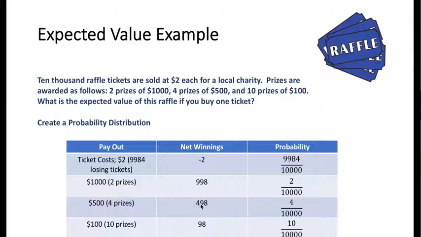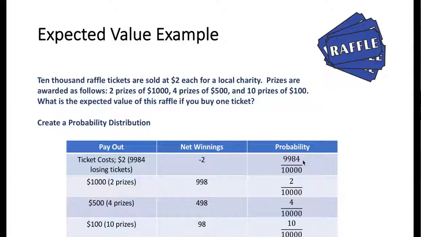And the net winnings are $498 if you win the $500 prize and $98 if you win the $100 prize. Do you understand the net winnings? We have to subtract the $2 that you paid for the ticket. So either you don't win, which means you've paid $2, or you have to subtract $2 from your winnings because you paid $2 for the ticket.